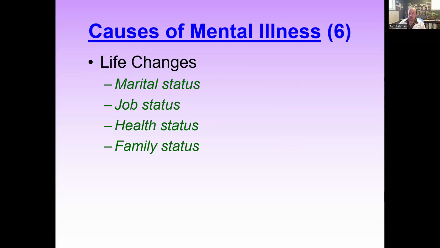The family status, you know, either a family getting bigger, getting smaller, some horrible event happening to someone, some fantastic event happening to someone. So there's a lot of things that can go into causing mental illness. So keep that in mind. Review through those 5 categories and on a test, be ready to explain examples.